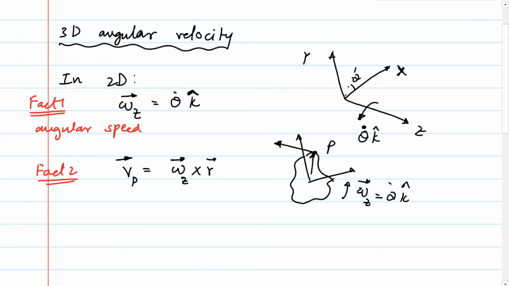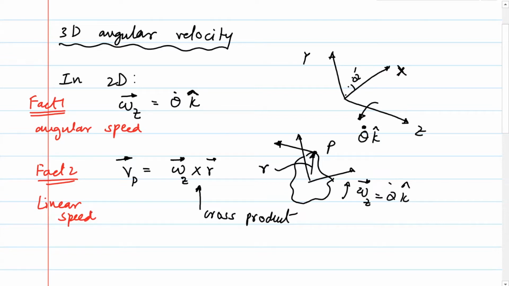So r will typically be in the two-dimensional plane, so there'll be an x component and a y component. The cross there is the cross product. And this is the formula for linear speed. So those are the things going on in 2 dimensions.